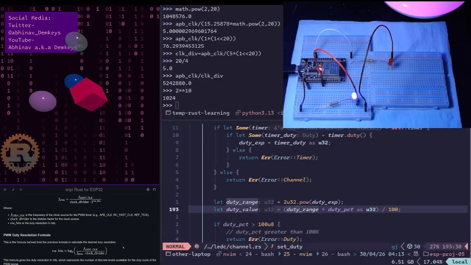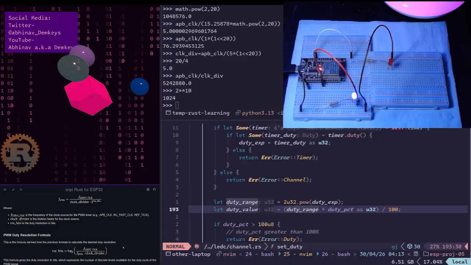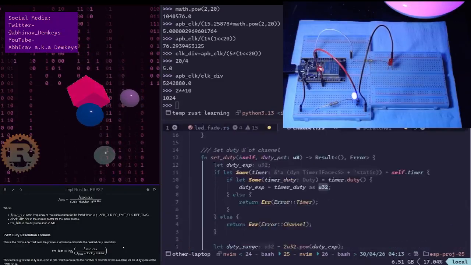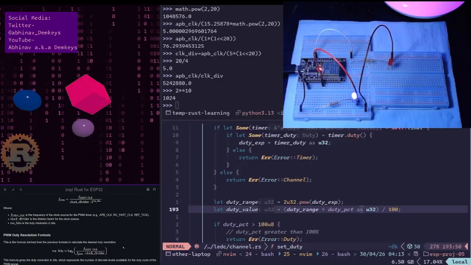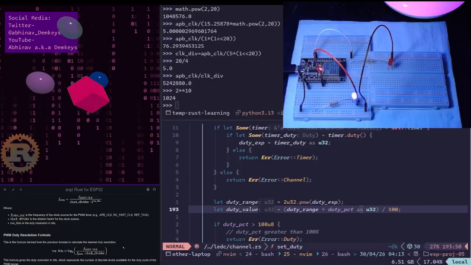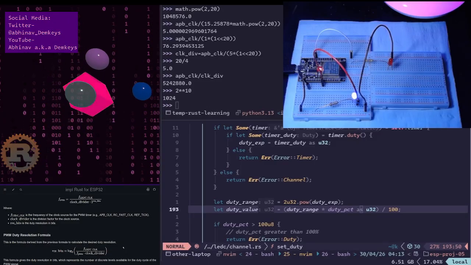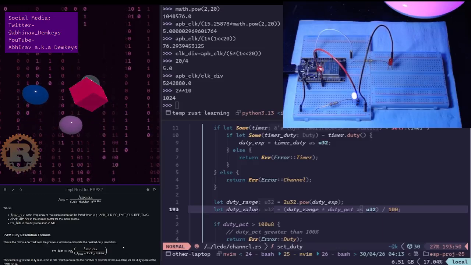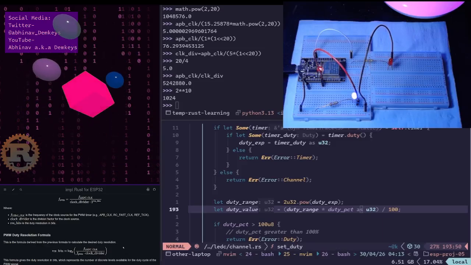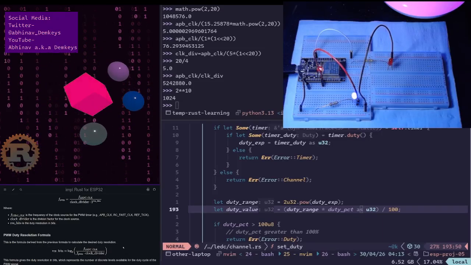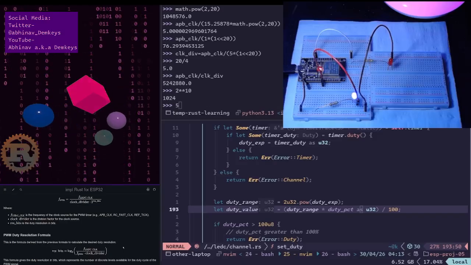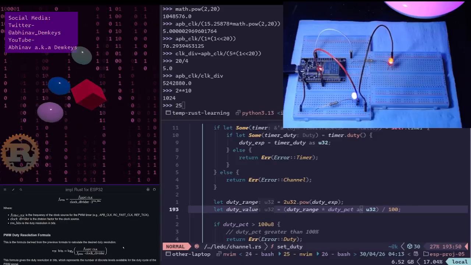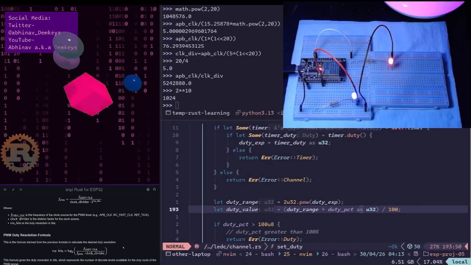Because the duty percentage is being passed in as a percentage, we multiply the duty range by the percentage and then divide it by 100. So let's say 25%.